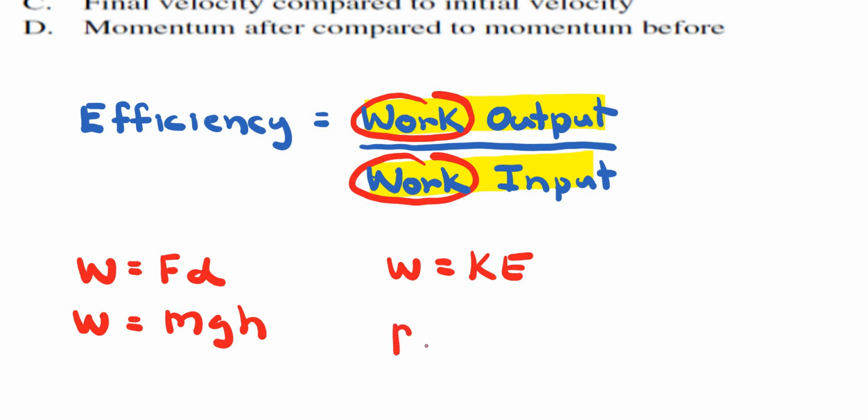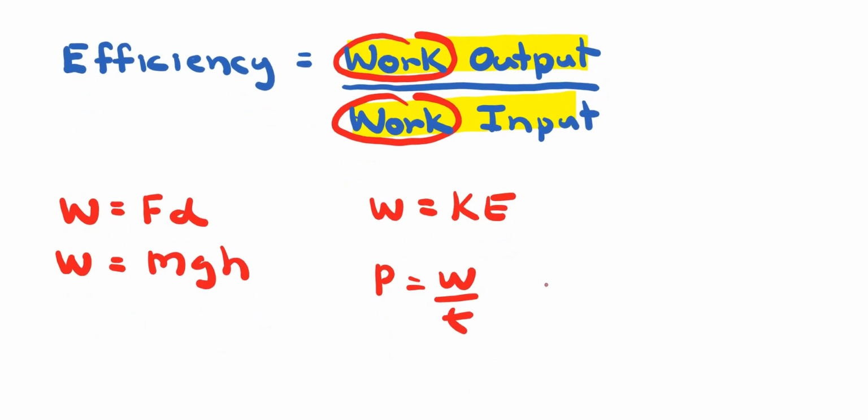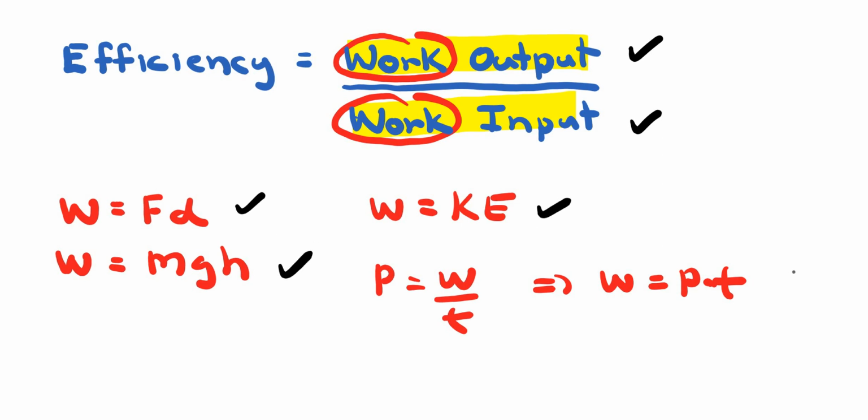We also know that power equals work divided by time, and if we manipulate this formula, we know that work is equal to power times time. So even though there's work output and work input for efficiency, just be aware that we've come up with different ways to calculate work, and we have to be aware of that when we're trying to calculate efficiency here. Once we look at the next few problems, hopefully some of this will come together.